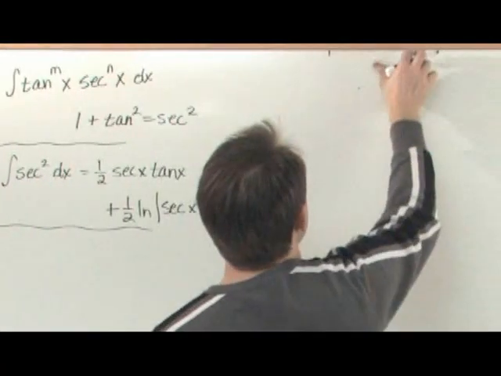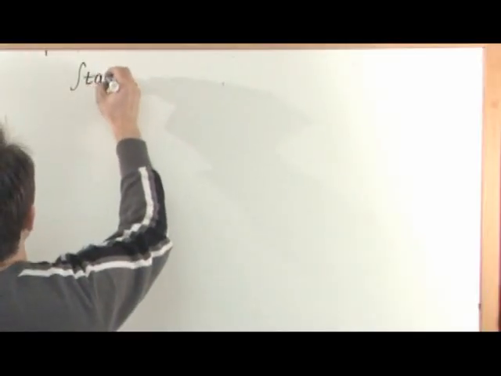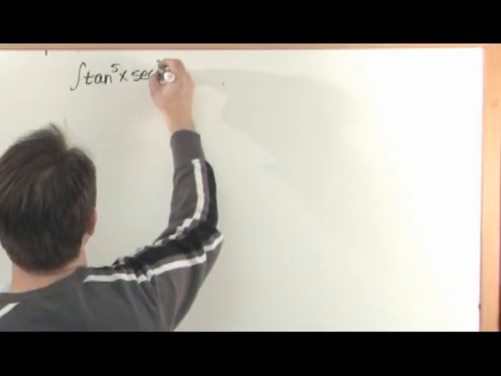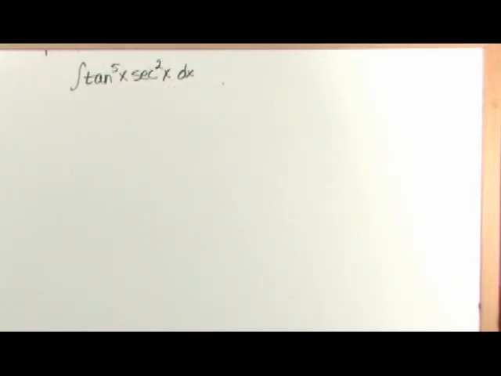So what if you had the integral of tangent to the 5th power of x times secant to the 2nd power of x dx, and you had to evaluate that integral? We already talked about the fact that you're going to have to use the identity 1 plus tangent squared is secant squared most of the time. But before you do that, you want to see if you can do something even simpler.